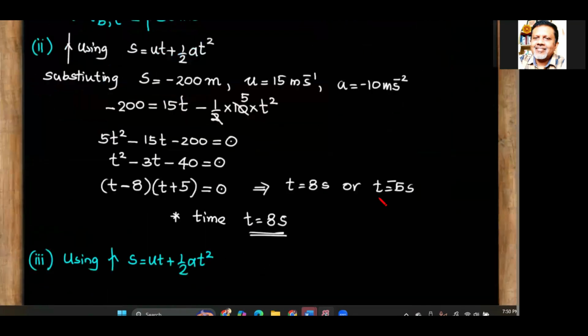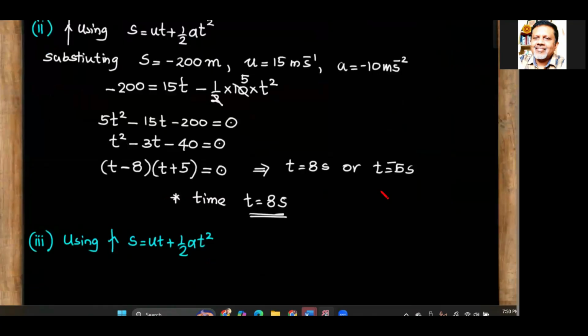But the same vertical displacement of minus 200. So directly we substitute minus 200 for this. And initial velocity is not 15 but 30, times t, minus this part is the same, half into 10 and t squared.